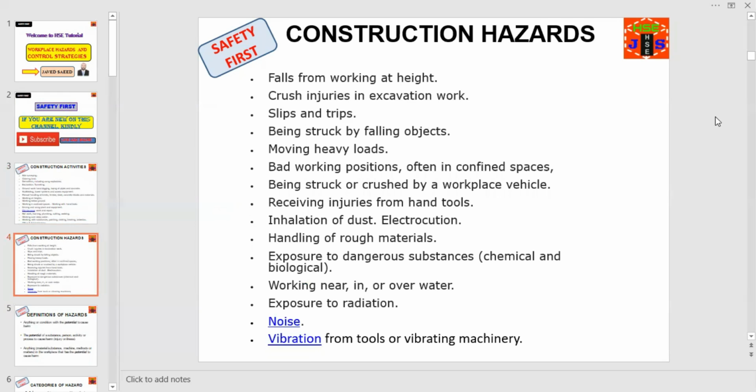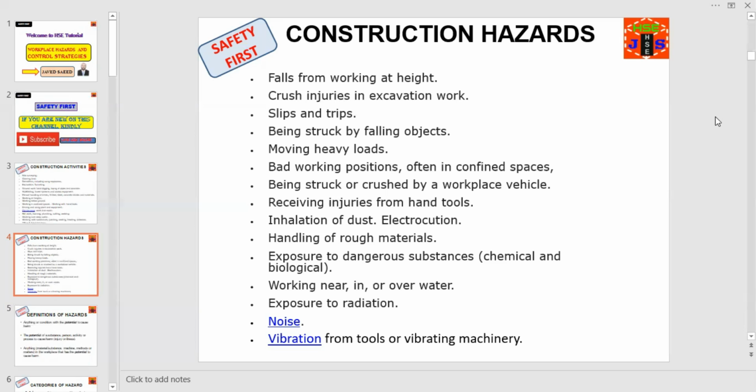Now we will see the general construction hazards. It might be falls from working at height, crush injuries in excavation work, slips and trips, being struck by falling objects, moving heavy loads, bad working positions, often in confined spaces, being struck or crushed by a workplace vehicle, receiving injuries from hand tools, inhalation of dust, electrocution, handling of rough materials, exposure to dangerous substances like chemicals and biological agents, working near, in, or over water, exposure to radiation, noise, and vibration from tools or vibrating machines.